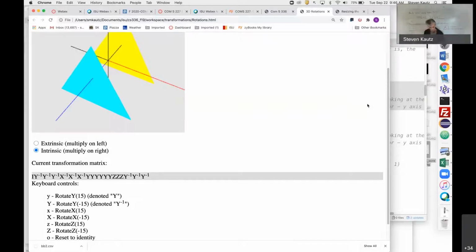Again, in theory, I should be able to... I know you can't actually see the whiteboard, but all I did is I wrote ZYZ to remind me what we're doing.